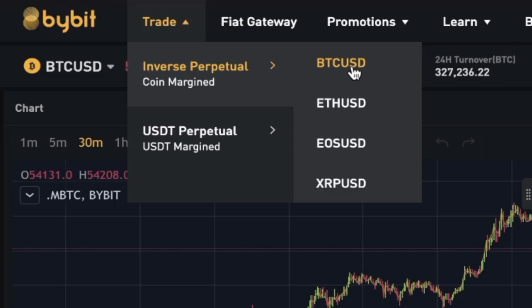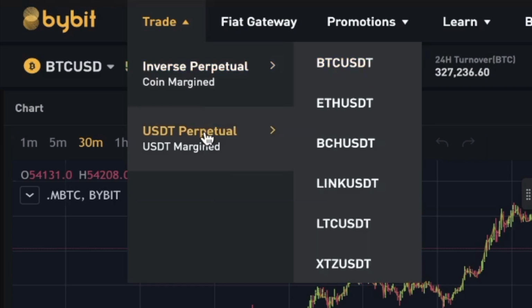But if you want to short Bitcoin, the best option is to use US dollar tether perpetual. Here you can use Bitcoin, Ethereum, Bitcoin Cash, Link, Litecoin, and Tezos. This means if you short the market, you're not holding the cryptocurrency because it's losing value. You are doing leverage trading with dollars, with the US dollar tether.